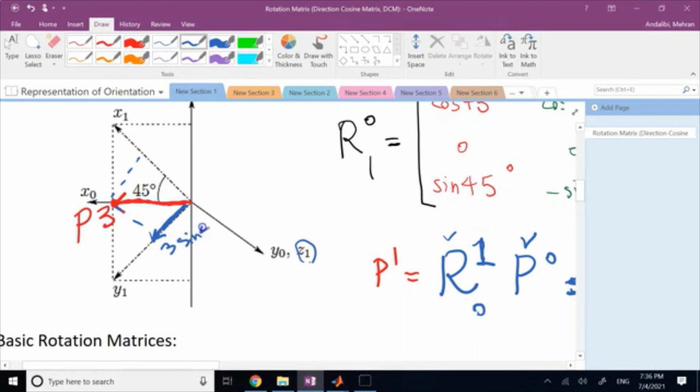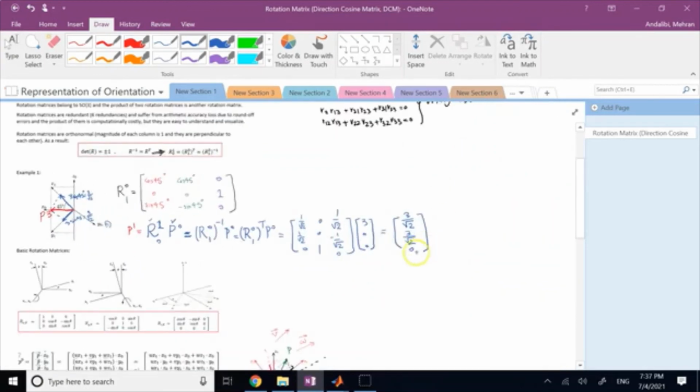Doesn't matter in the case of 45. And your x1 is going to be what? 3 times cosine of 45. And you know cosine 45 is 1 over square root 2. So you see both components are positive. 3 over square root 2. There is nothing along z1, so that is going to be 0, and that is exactly what you got here.